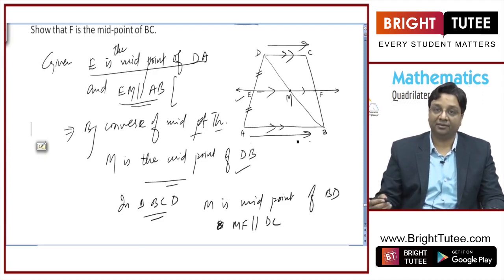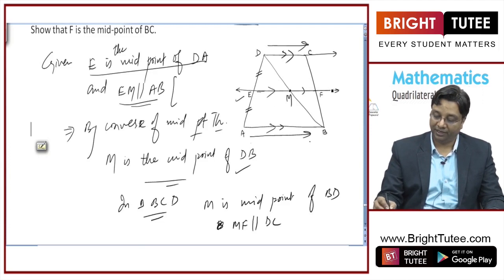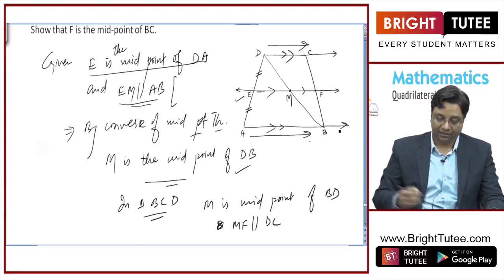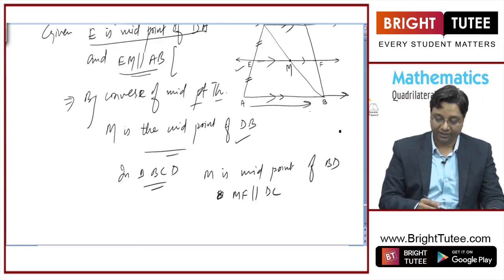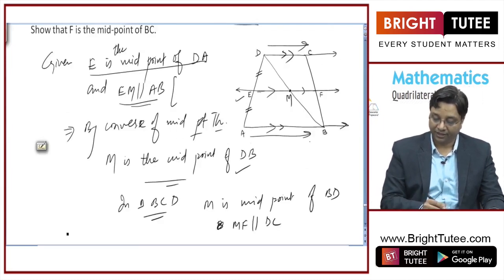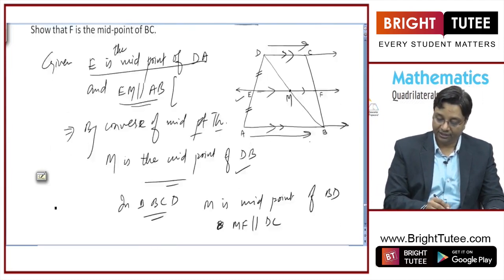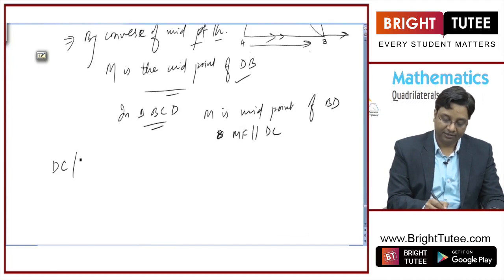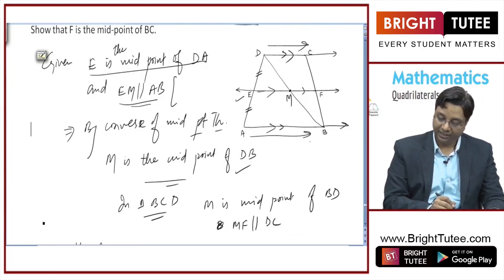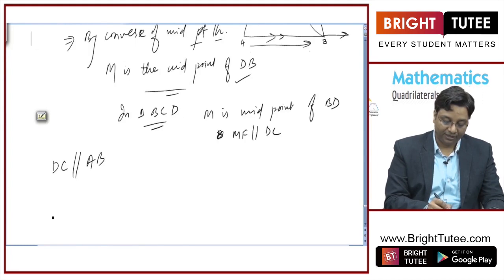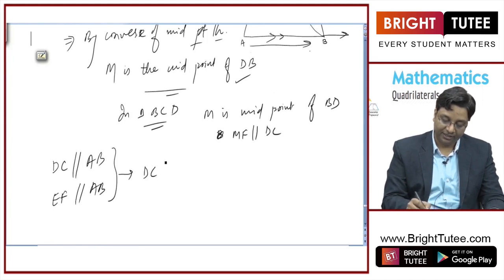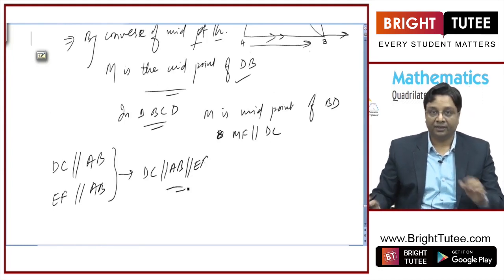So all three sides are parallel to each other. So DC is parallel to EF is parallel to AB, right? This is the statement that you can make somewhere to start the question. Okay, that DC is parallel to AB, EF is parallel to AB by construction, and then you can say that DC is parallel to AB is parallel to EF, right?